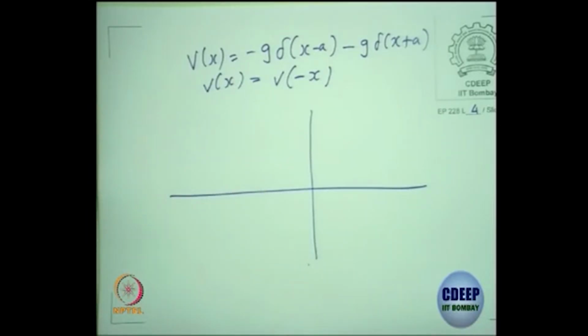What kind of solutions can you write here? Because of this property, we will prove also, whenever you have this property, the solutions will be either even functions or odd functions. And even functions will not have a node at origin, but odd functions will have a node at the origin. Okay.